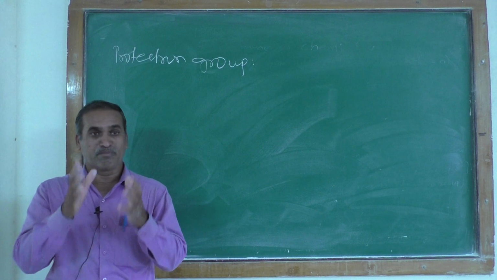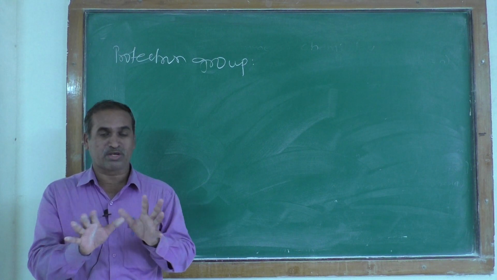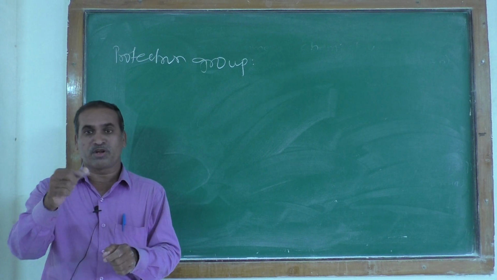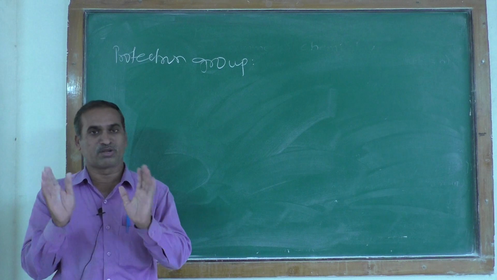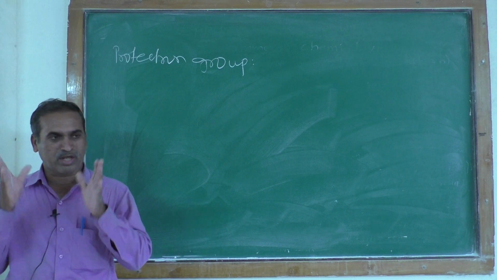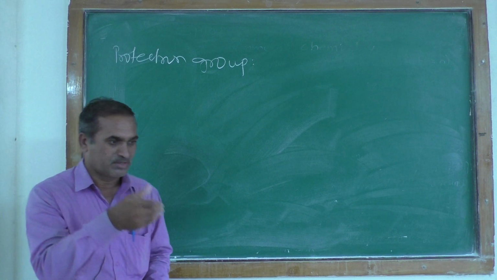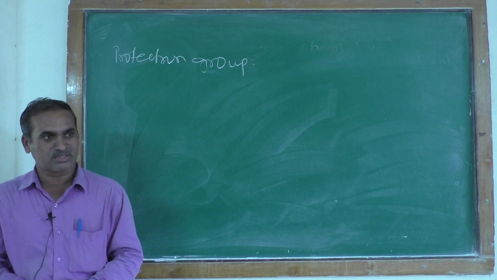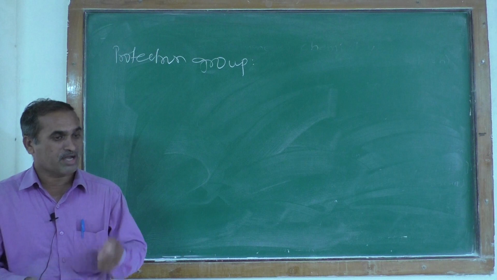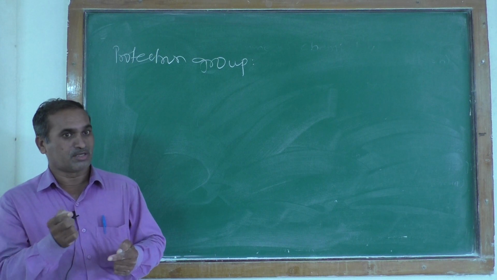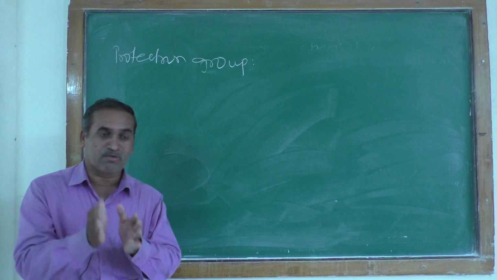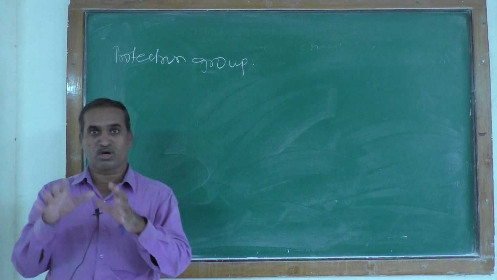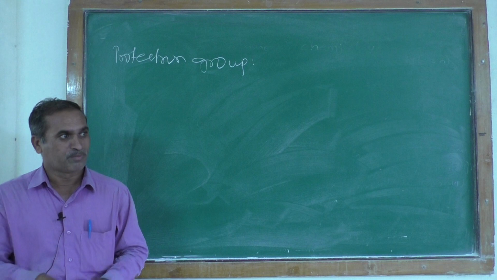That is the introductory part of the protection group. Temporary modification of a functional group is known as a protecting group, and when the reaction is carried out at one center and is not required at another site, that type of group is called a protecting group.